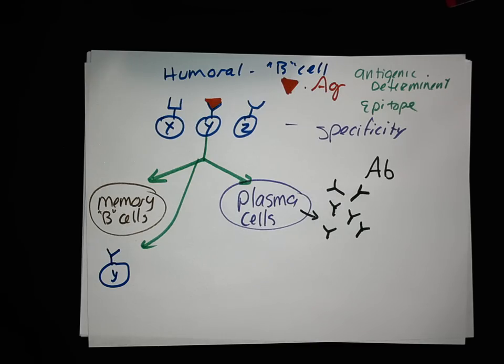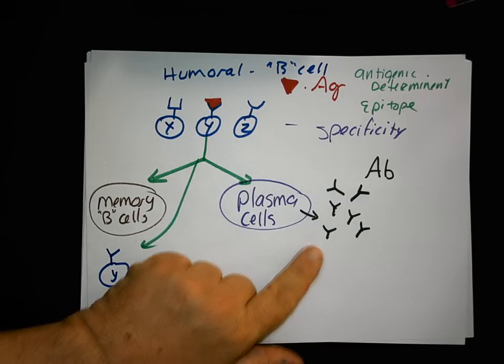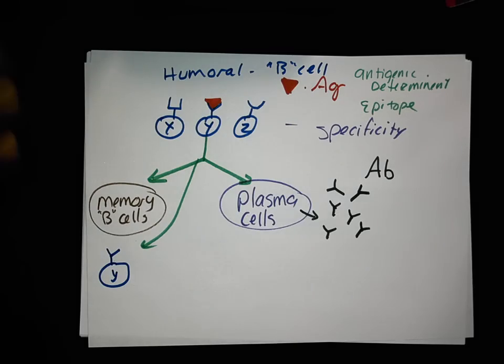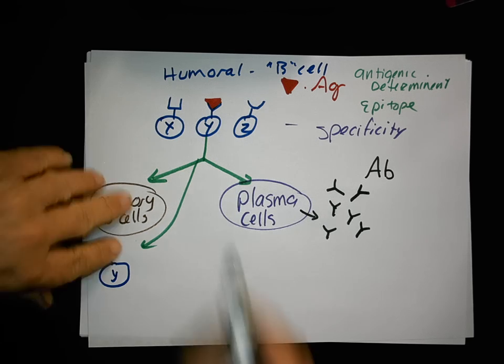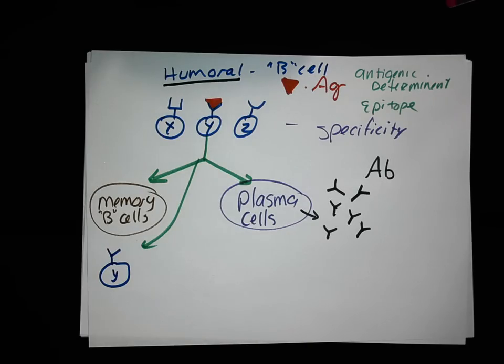There are 5 classes of antibodies. I'm not going to go over those in lecture. You can find those in your textbook, which does a very good job describing those 5 classes. These antibodies now float in the humors, the lymphatic fluid, the lymph fluid, the blood supply. That's why this is called the humoral branch.